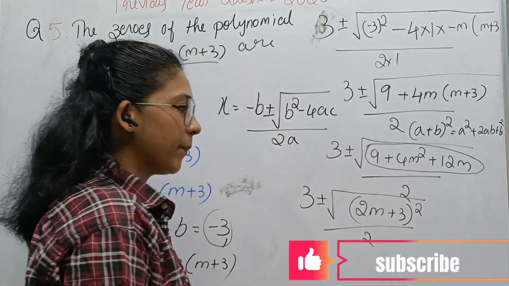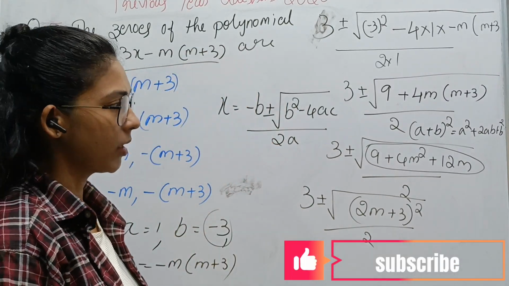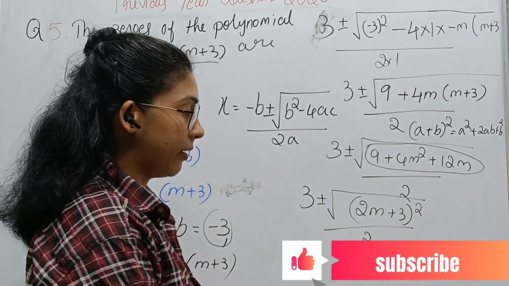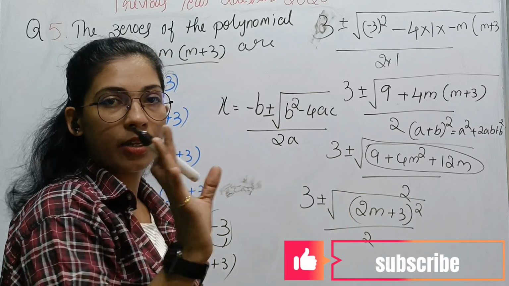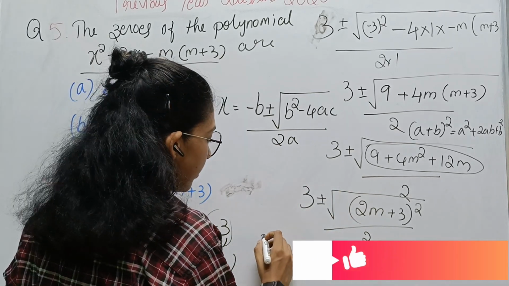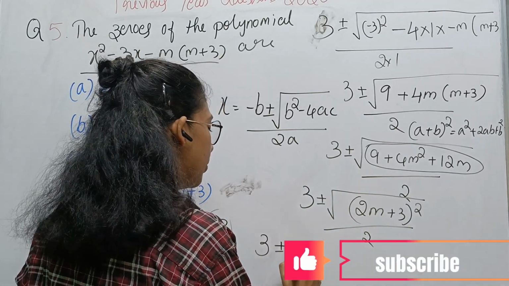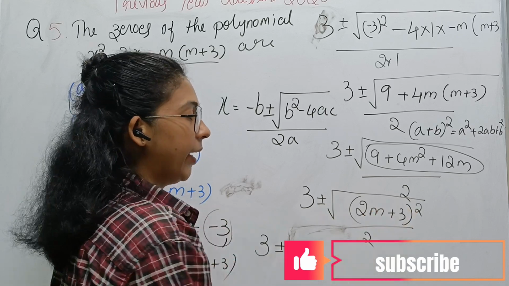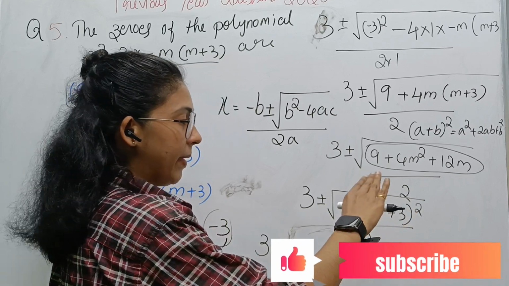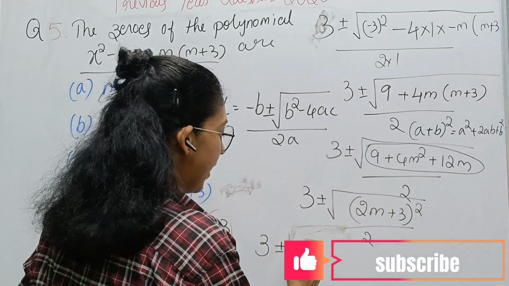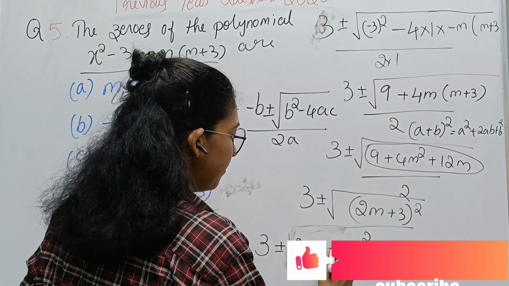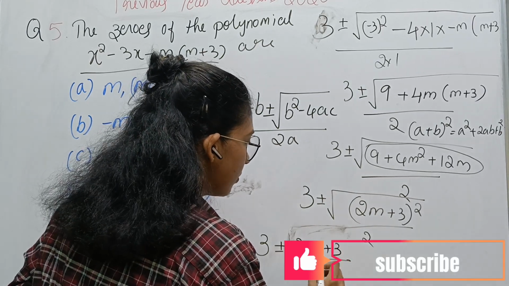Okay, did you get me? So inside the radical sign, 2m plus 3 the whole square. In the next step, if we take 2m plus 3 the whole square outside the radical sign, it will be 2m plus 3 upon 2.